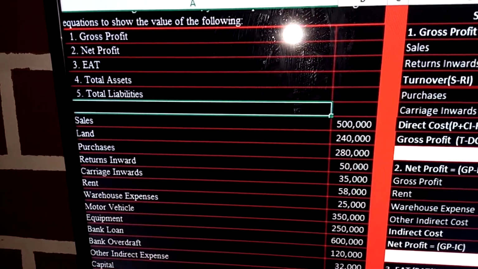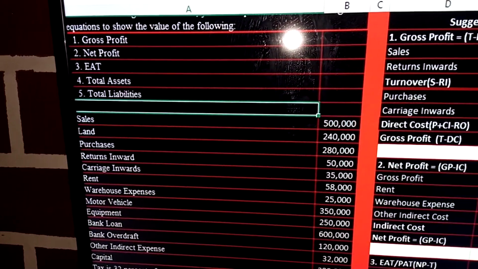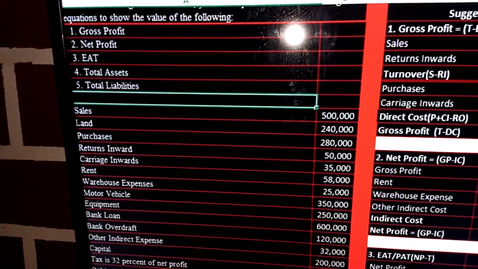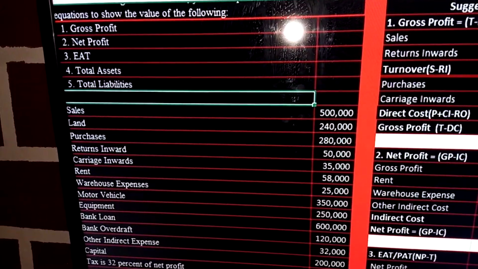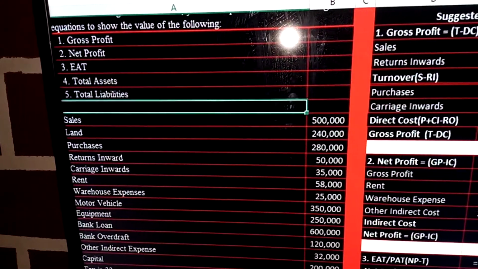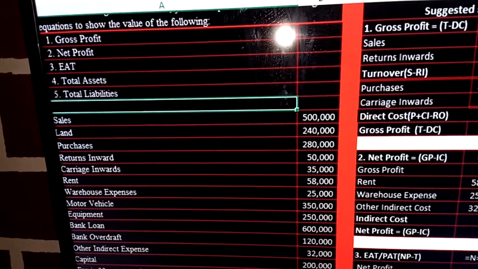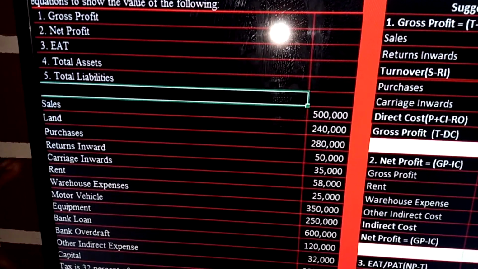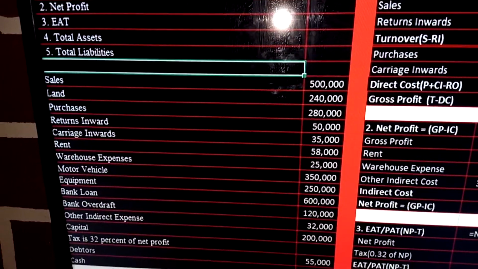We said gross profit is turnover minus direct cost. So we expanded turnover to sales minus returns inward, and direct cost to purchases plus carriage inward minus returns outward. So those items of expansion is what we're going to be looking at here, to arrive at what we've been asked to calculate.